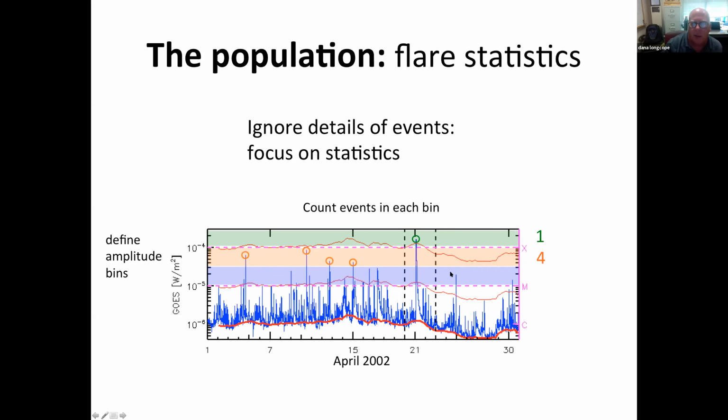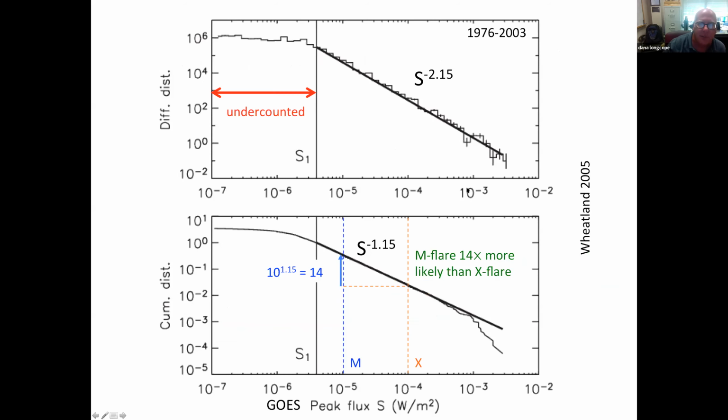I think I've circled them. And then in the lavender, you have 11. I won't try to count them here. So over the course of a month, you get 1 X class flare, 4 high M class flares, 11 low M class flares, and so on. You probably get the idea of where I'm going from this. It tells you the number of flares per day in any range of GOES classifications.